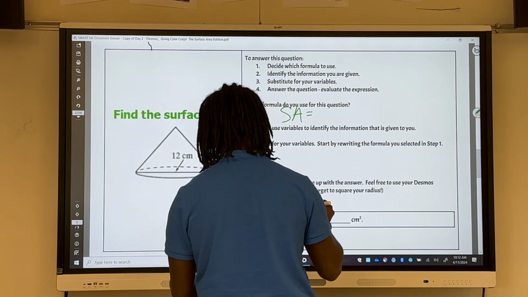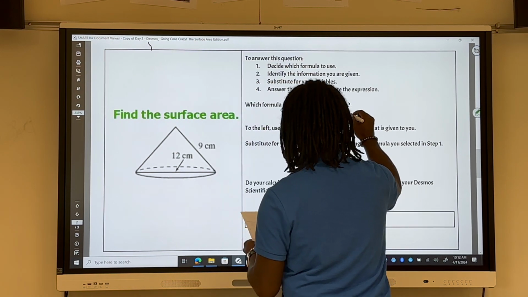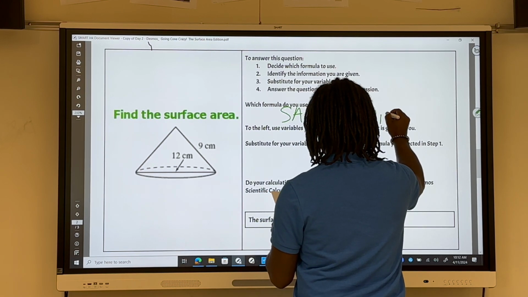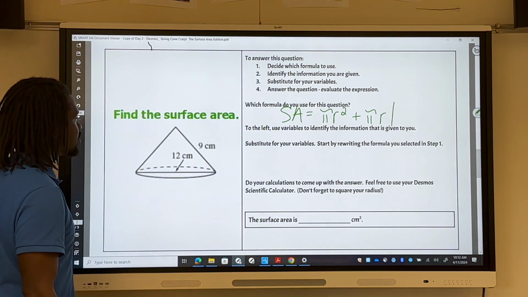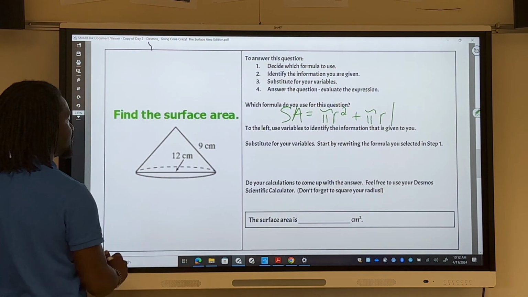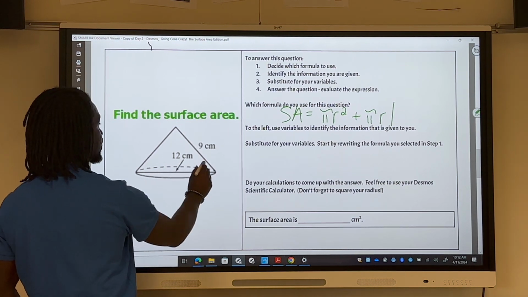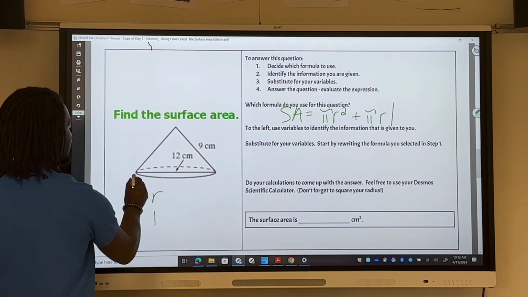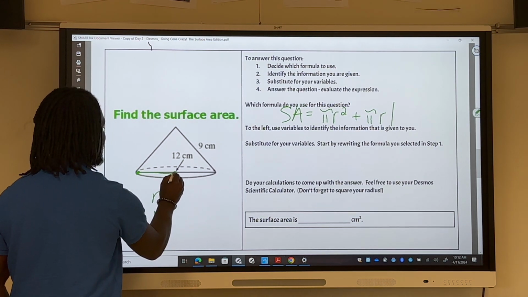The formula for surface area is pi r squared plus pi r times L, the slant height. Okay, so let's go to the left. Make sure we have what we need. So again, I need the R and the L. Okay, now the R, remember the R goes halfway.